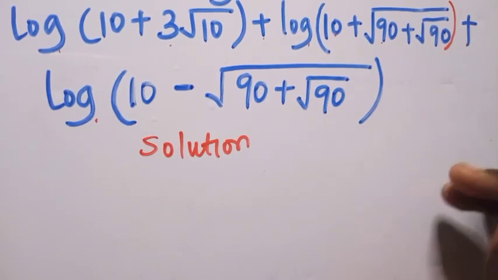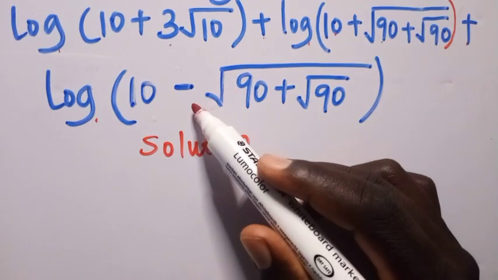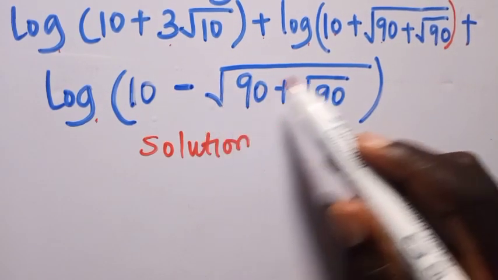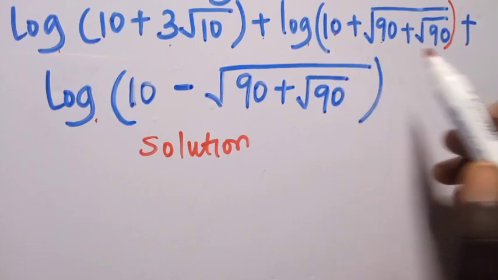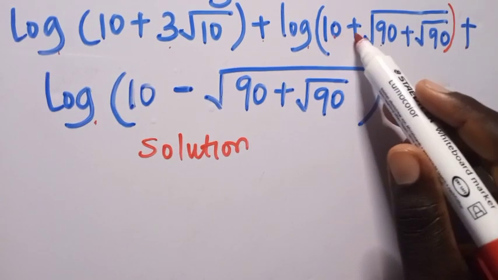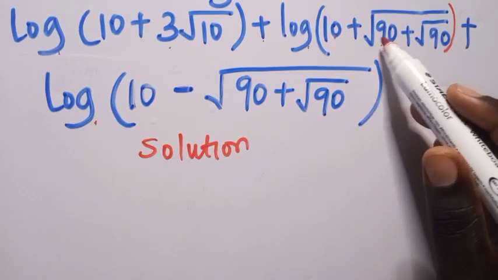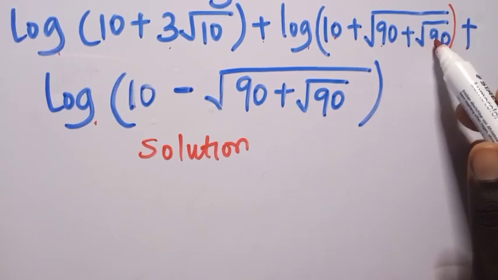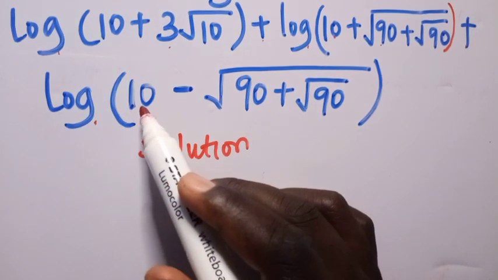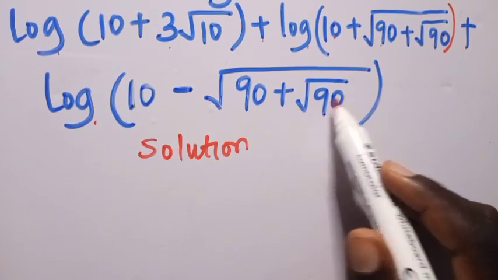In this case, we first need to combine this one and this one to be a logarithm of a single number, because there is something we can see from it. This one is 10 plus the square root of 90 plus root 90, and this one is 10 minus the square root of 90 plus root 90.